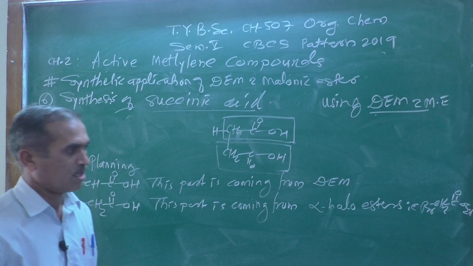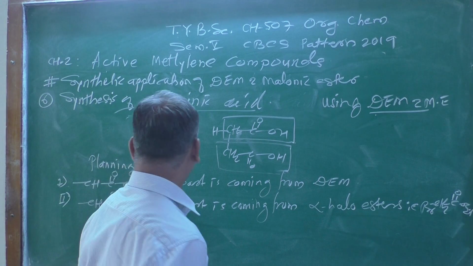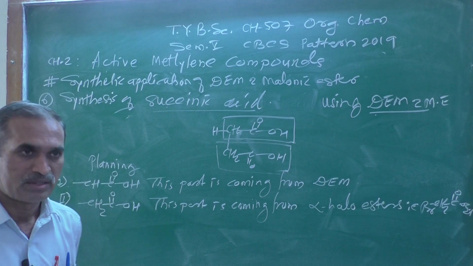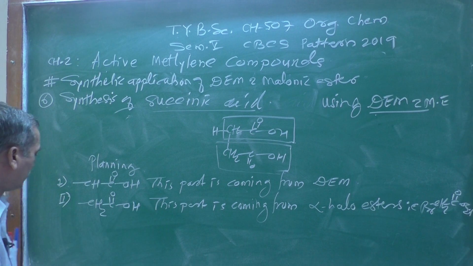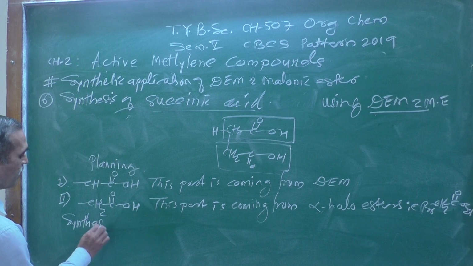Alpha halo ester or alpha bromo ester we can call it. Now that's it. Now what is after the planning? The next point comes, which is synthesis.